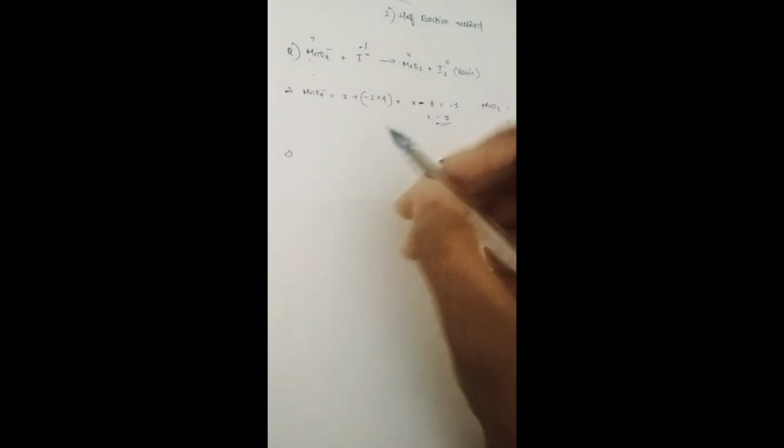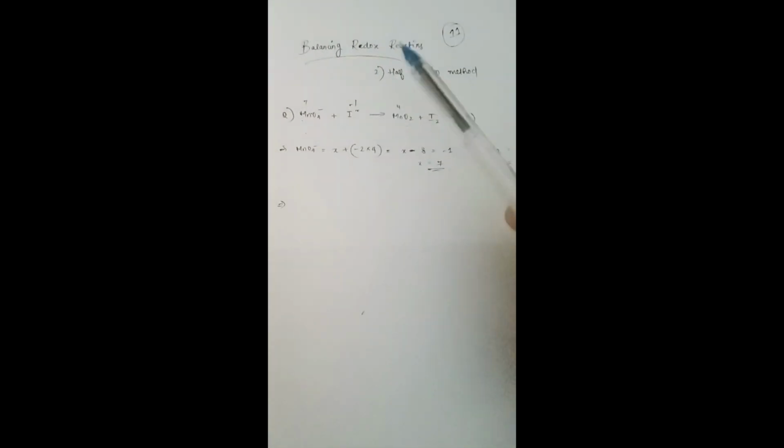The next step is the same as in the oxidation number method, that is to find by how many electrons the compounds are increased, that is oxidized, or reduced, that is reduction.